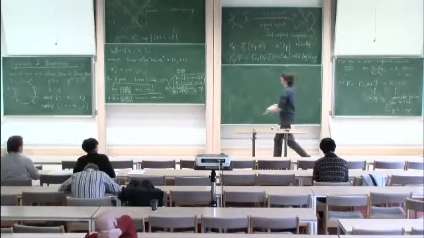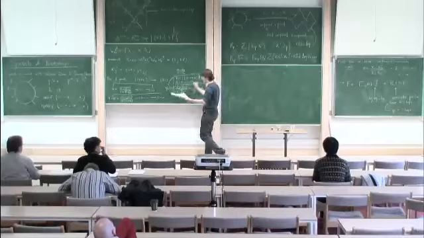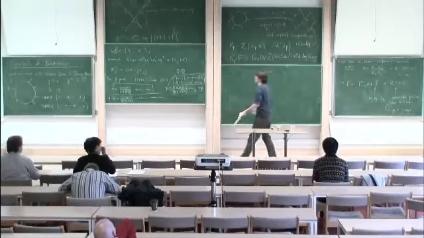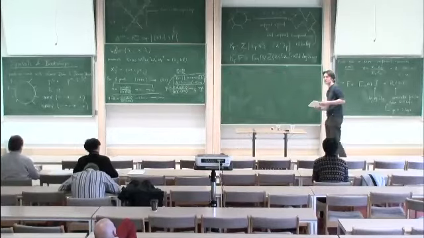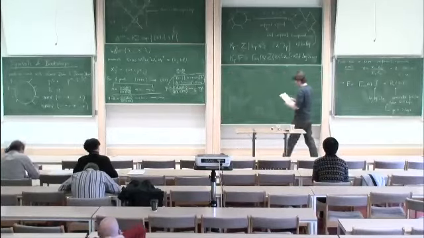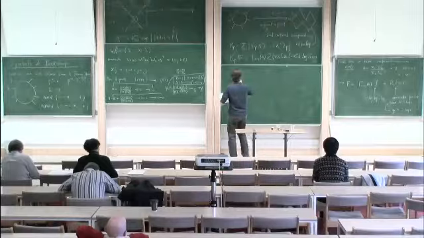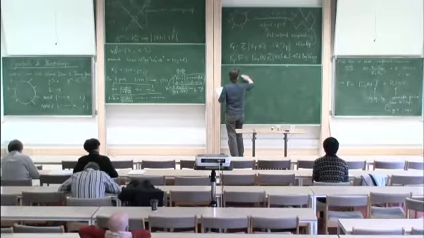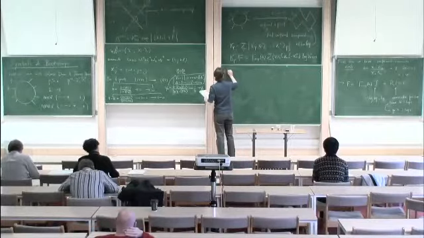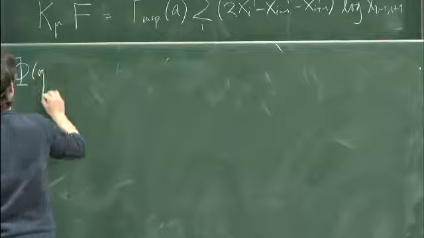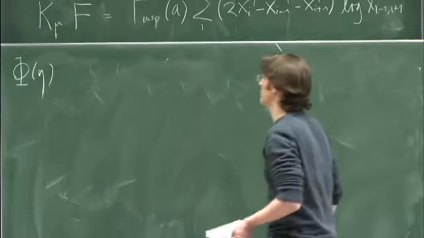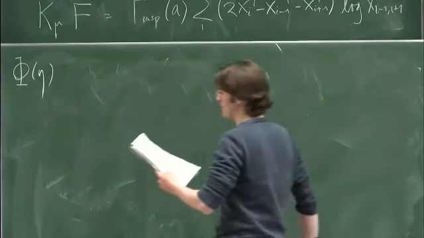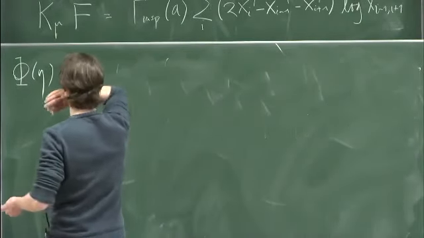All of this will still be relevant because we still have dual conformal symmetry, so you're going to have functions of these cross ratios and so on. But in addition, we have to describe how the helicity structure enters. The nice way to do this is to introduce an on-shell superfield, a function of some Grassmann parameter, which contains all the on-shell states of the theory.